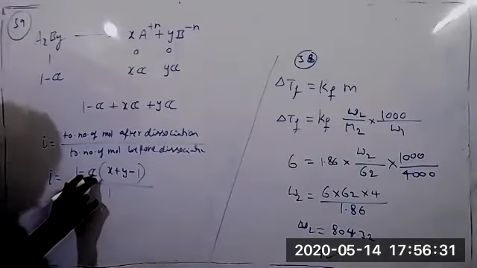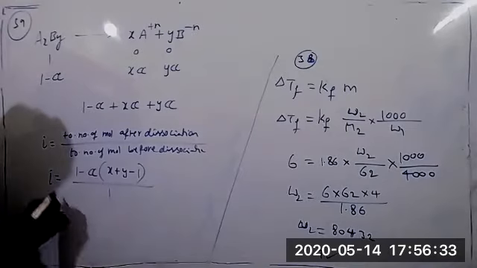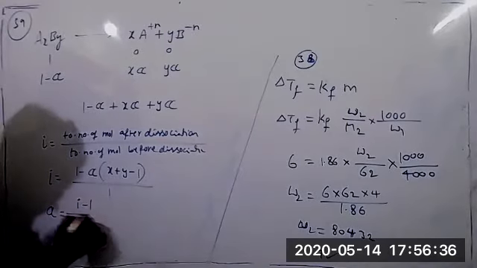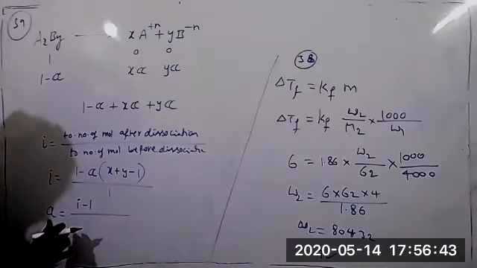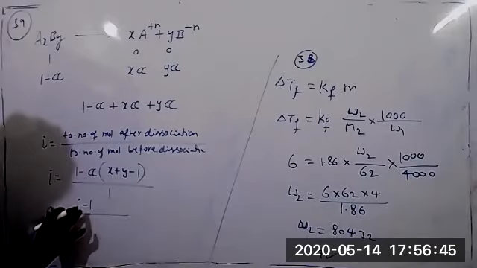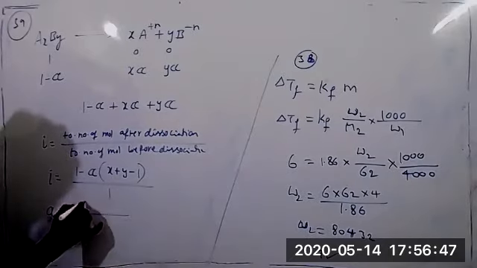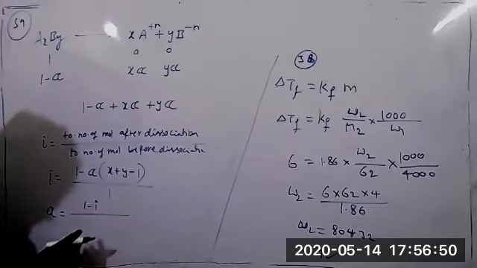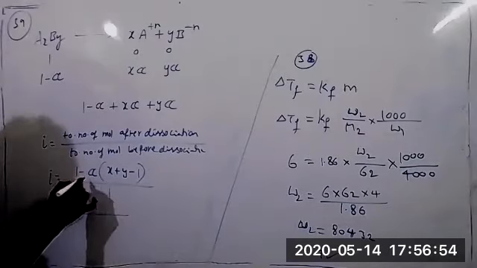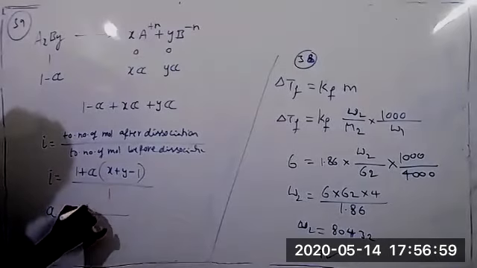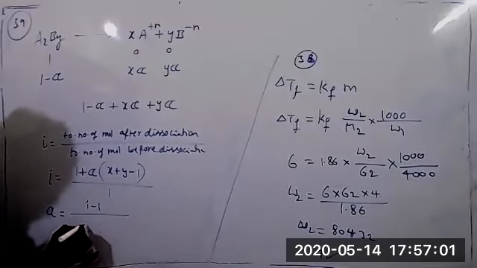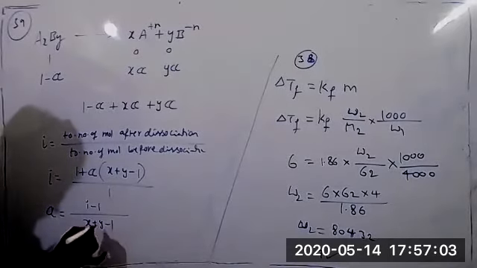So alpha is equal to i minus 1 divided by x plus y minus 1.